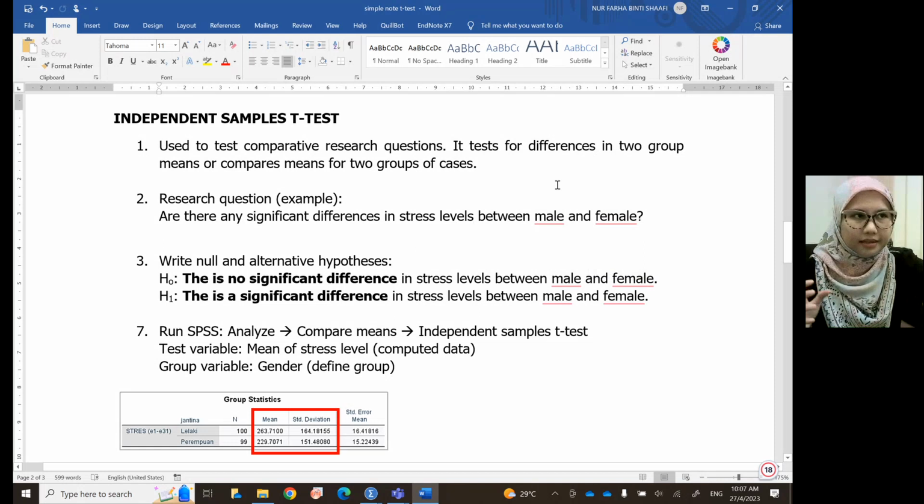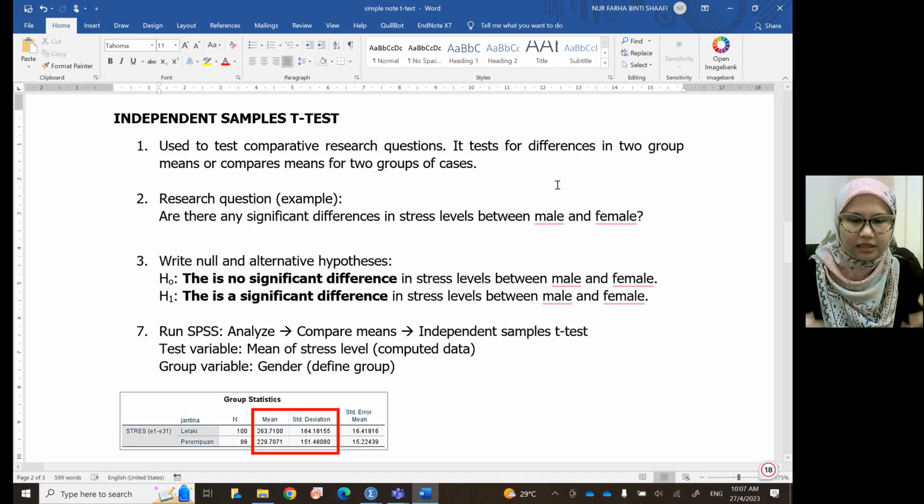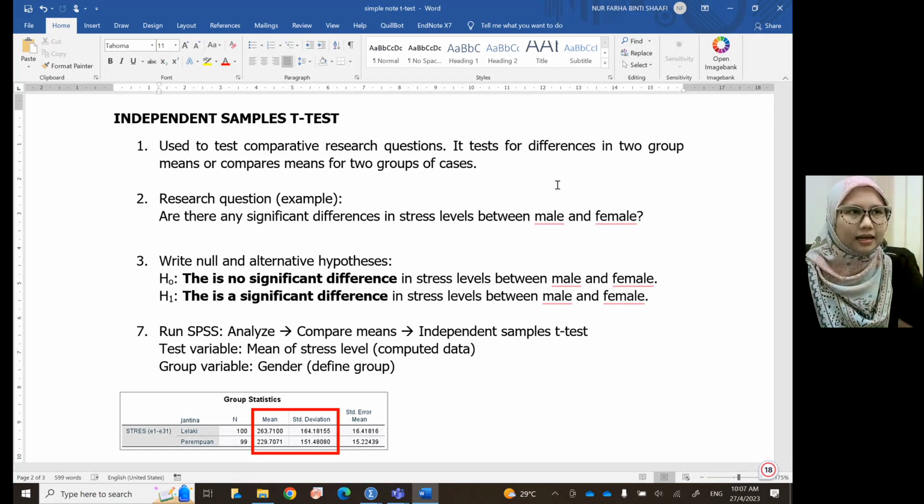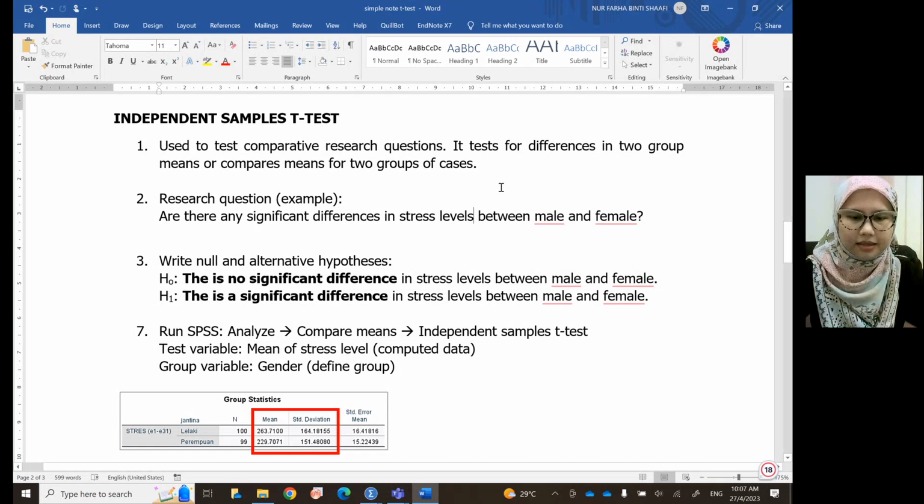Stress level is our variable. We want to see whether male is higher or female is higher, male is lower or female is lower, and whether there is any significant difference. Whether males tend to get stressed more easily than females, whether they have higher stress compared to females. Are there any significant differences?